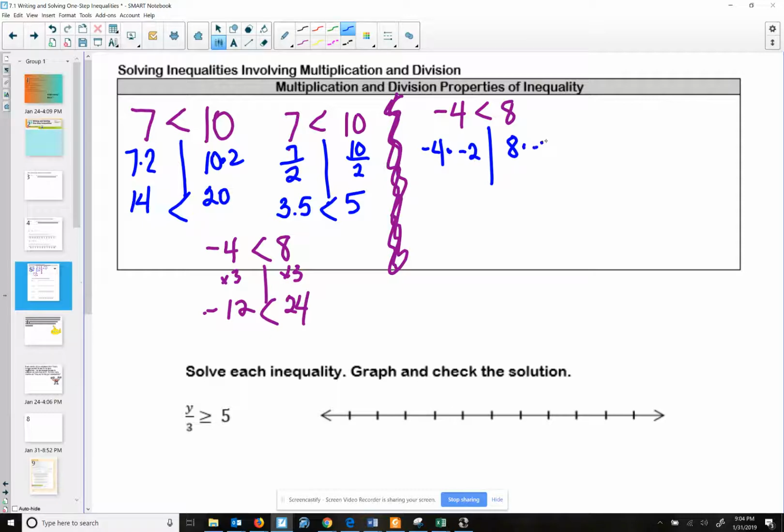Watch what happens. On the left-hand side, -4 times -2 is a +8. And on the right-hand side, 8 times -2, if you're remembering your rules with integers, I get -16. Is this still less than? No. This inequality symbol should go that way.